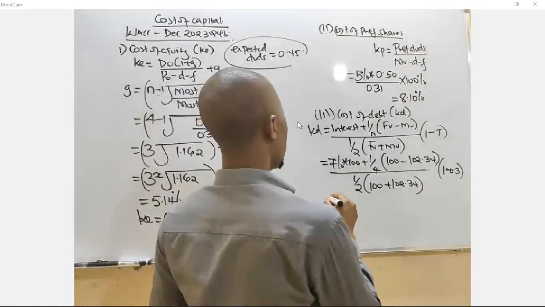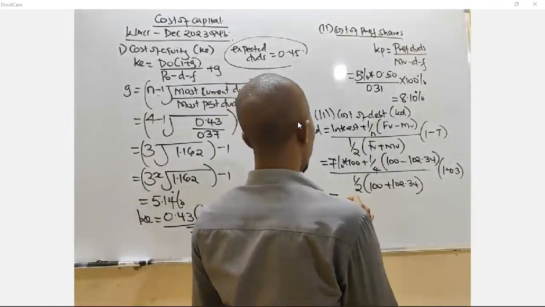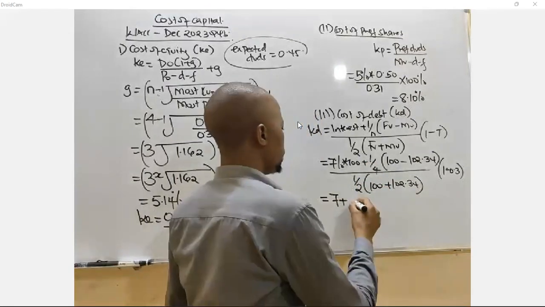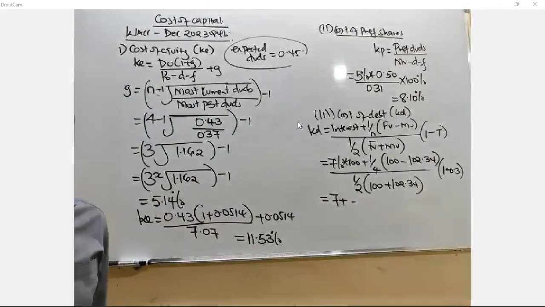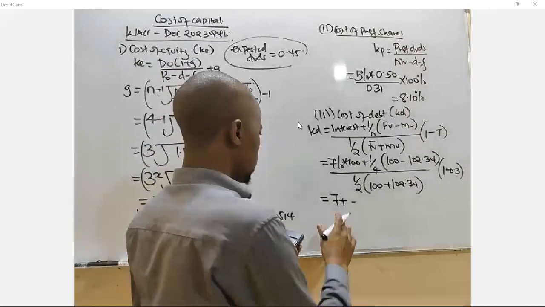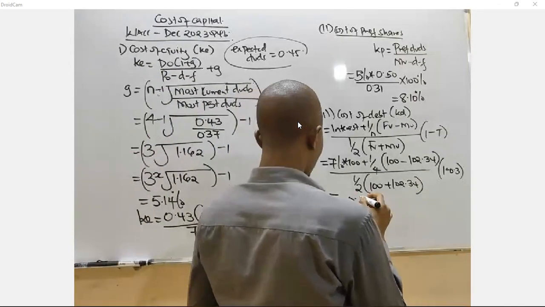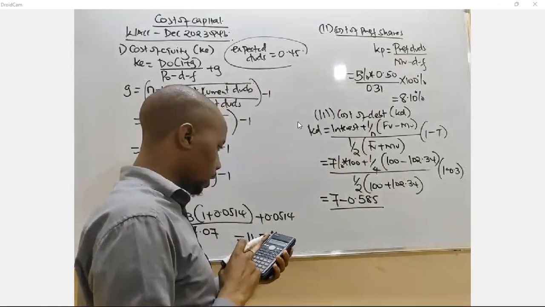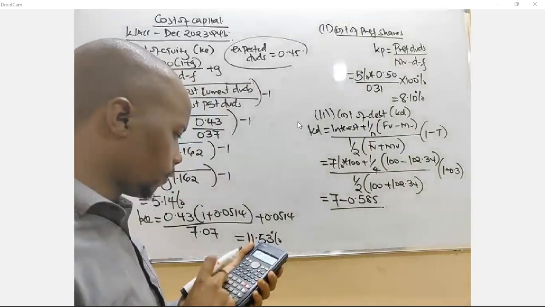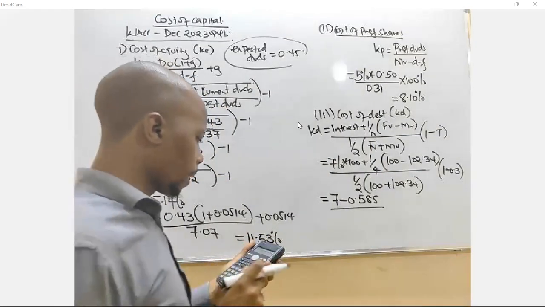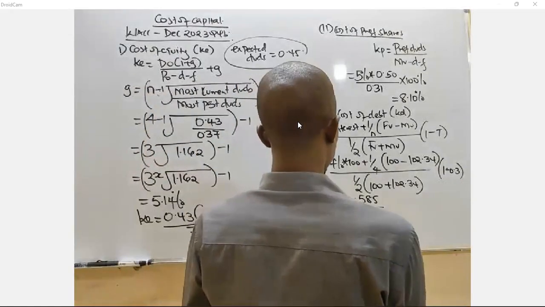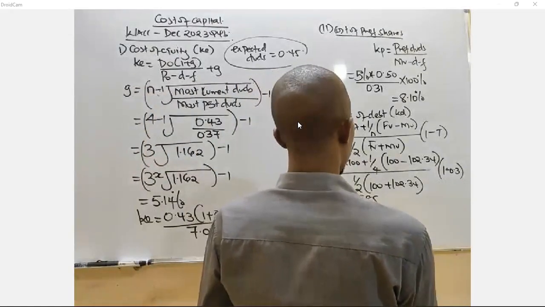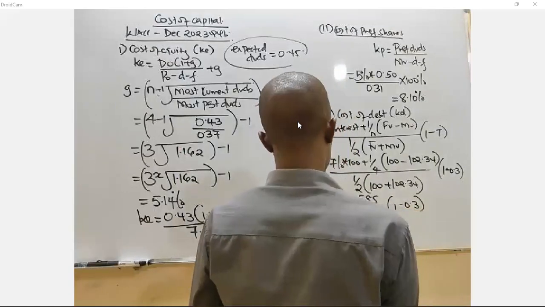Now, when I break down my question, it will be 7 plus, how much is this? It will be negative something there. So negative 2.34 divided by 4. We are getting negative, let me just put it directly, 0.585. We divide it by, now when you take 2.34, you divide it by 2, you're going to be getting something closer to 101.17. Then you adjust for your taxes there.